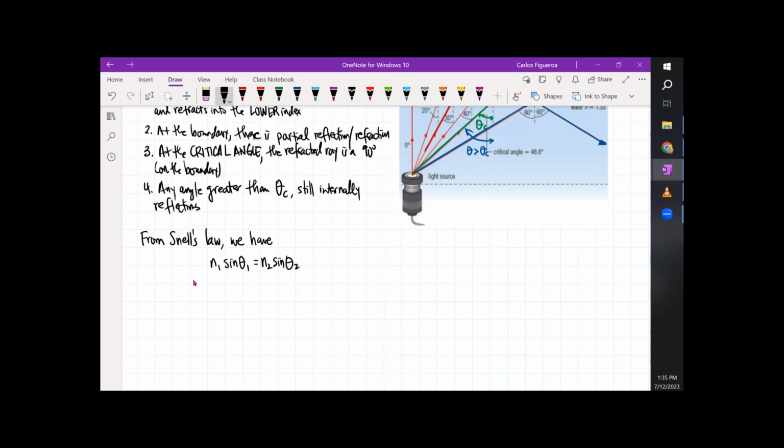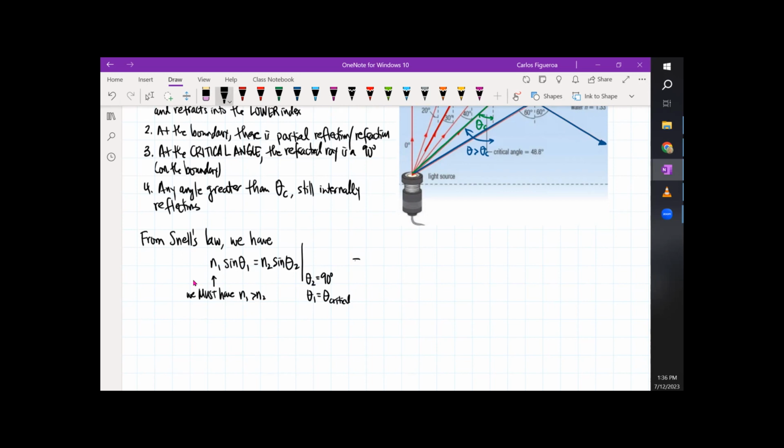So in this situation, we must have N1 greater than N2. Because of this, theta 2 is the refracted, and when theta 2 is 90 degrees, that tells us that theta 1 is at that critical point where all light gets reflected.